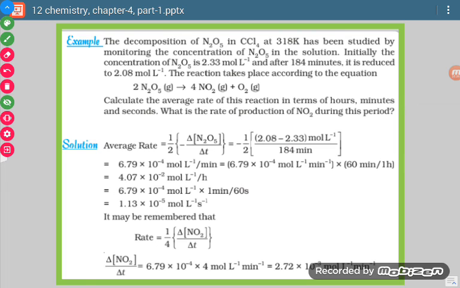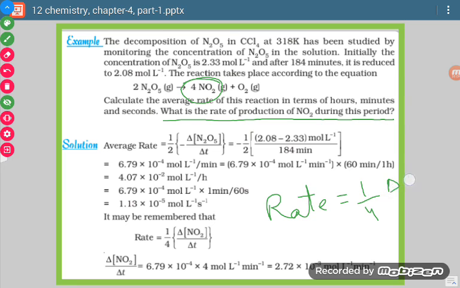Now the question is, what is the rate of production of NO2 during this period? Now the rate of production of NO2 is also to be calculated. Now see, in this balanced equation, 4 is the stoichiometric coefficient. So how will we write? See, we have calculated the rate. Rate is equal to 1 by 4 times the change in concentration of NO2 over change in time.